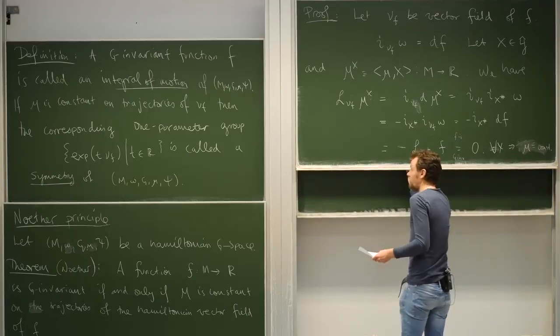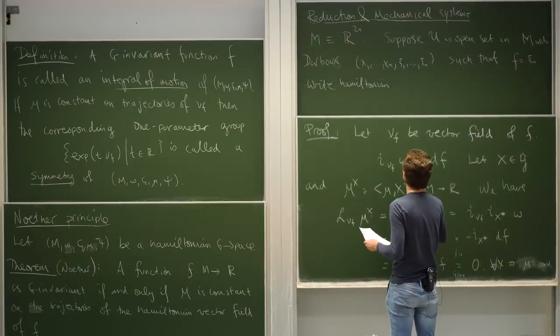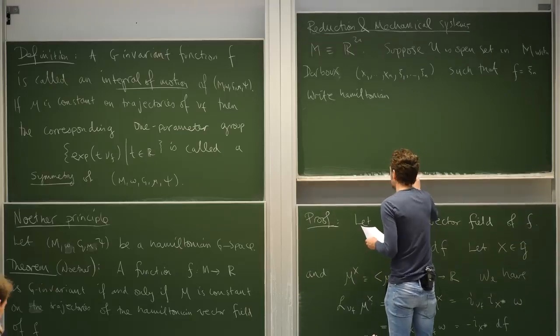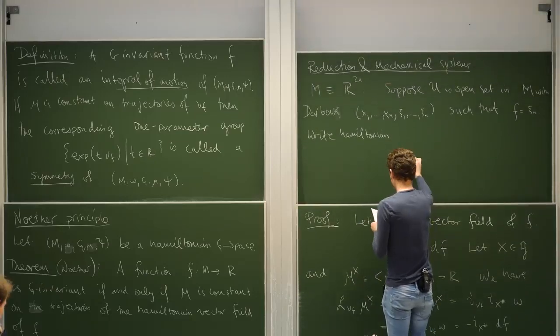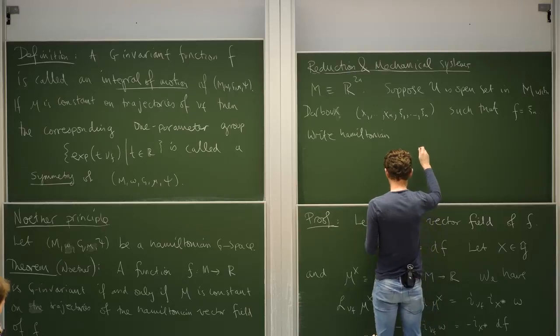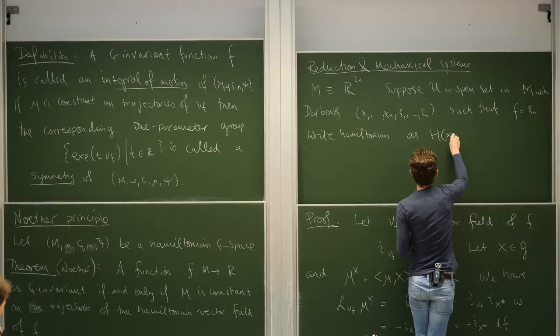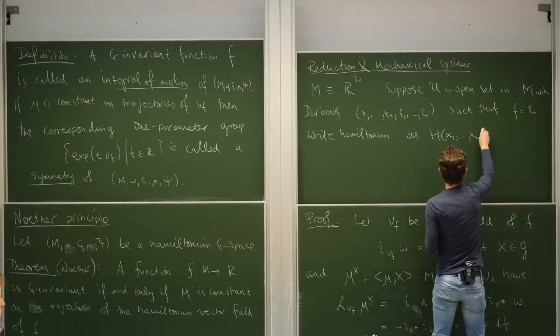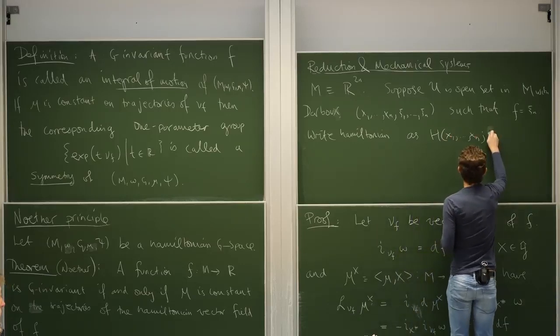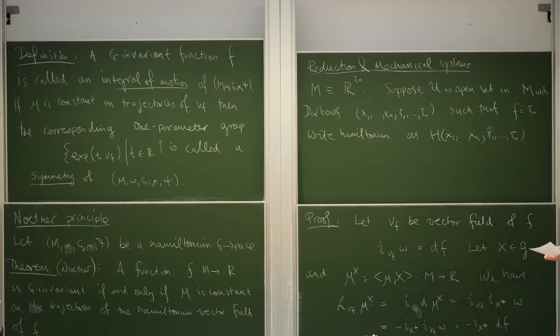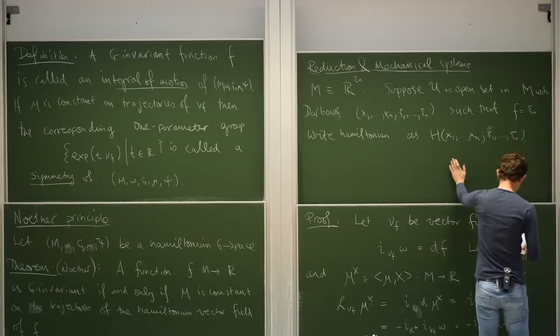And now we've got a coordinate system, we can express the Hamiltonian in these coordinates, x1, psi 1 up to psi n.